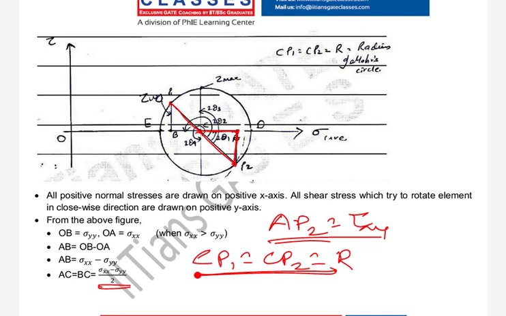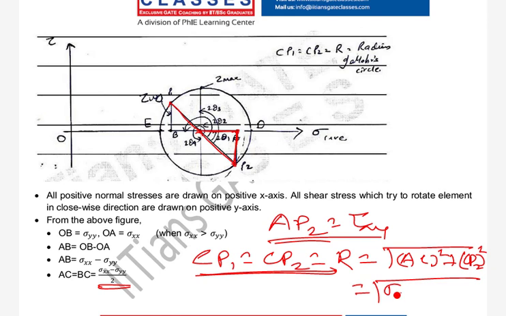And what is it actually? It is the square root of AC square plus CP2 square. So it is nothing but sigma x minus sigma y by 2 whole square plus tau xy square. And that is nothing but tau max. So is it clear how we found the radius of Mohr circle?